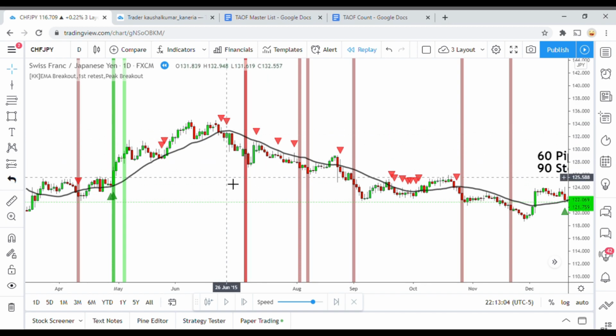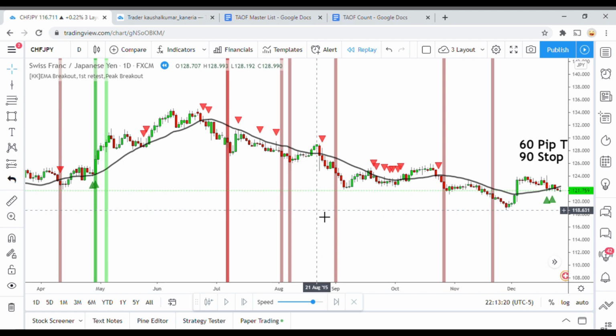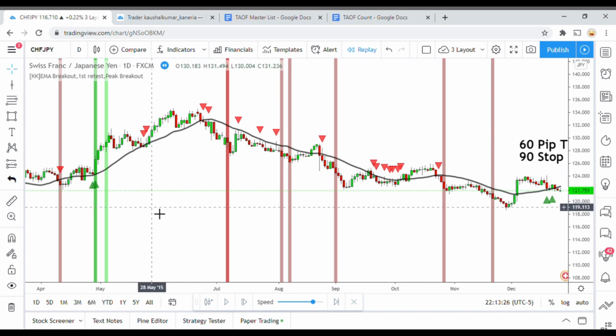And so when price action comes back and touches the moving average, whether it's the body or whether it happens to end up being the wick, that is what the triangles indicate. Retest. The red ones indicate a retest to the downside.